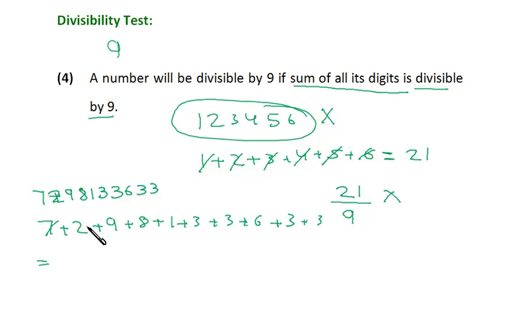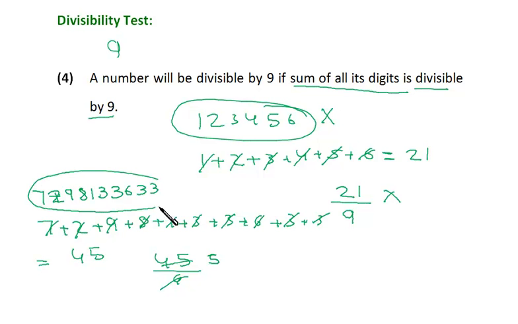So 7 plus 2, that's 9, 9 plus 9, 18, 18 plus 8 plus 1, that's 9, 18 plus 9, 27, 27 plus 3, 30, 33, 39, 39 plus 3 would be 42, 42 plus 3 would be 45, right? And 45 is divisible by 9, right? So that means this number as a whole is divisible by 9. Okay, I hope you understood the divisibility test of the number 9.